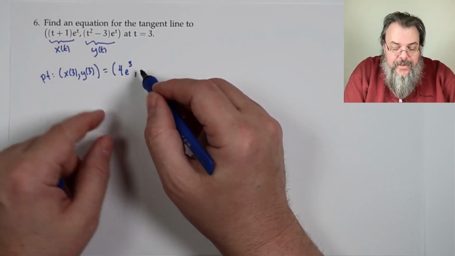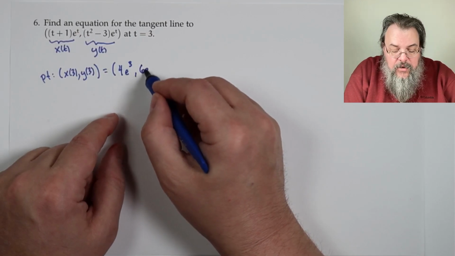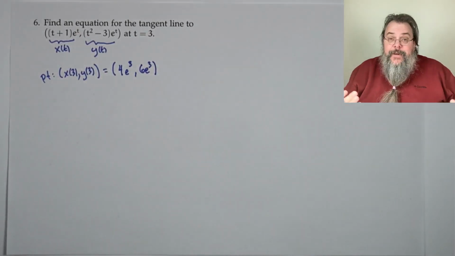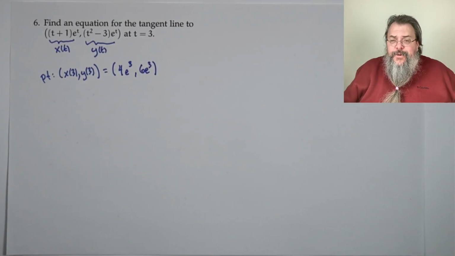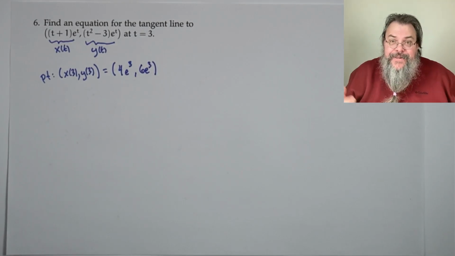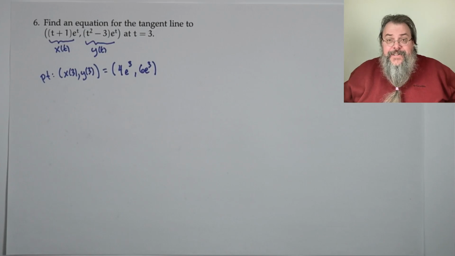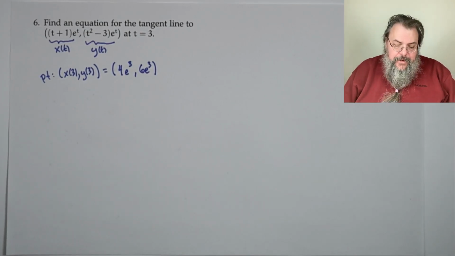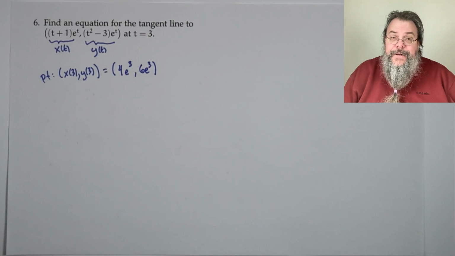That's 9 minus 3. And then e cubed. All right, cool. Point there. They might say, is it okay that we have an e cubed? Yeah, e cubed is a number. And it's just like a 4. It's just written in a funny way. So no problem having e cubed as our point.